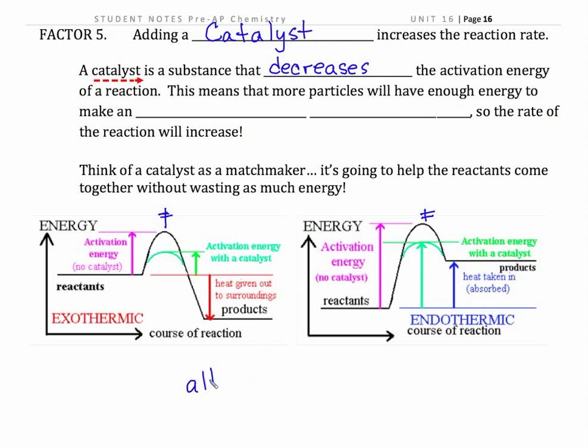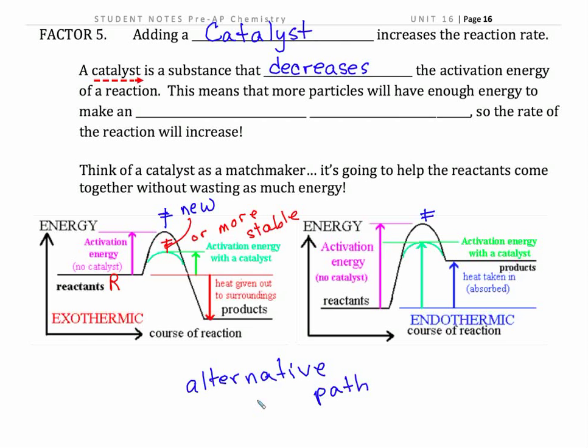So it means more molecules. And it either makes a new activated complex, so we have a new one, or a more stable one. Lower potential energy means a more stable substance. So it's either new or it's more stable. So it decreases the activation energy.